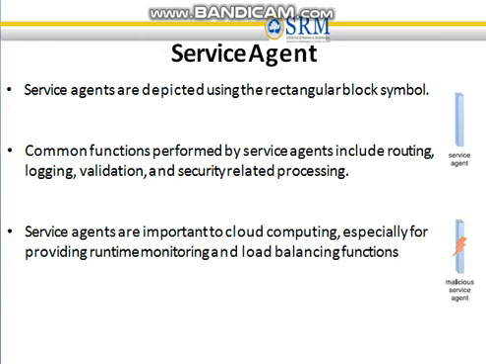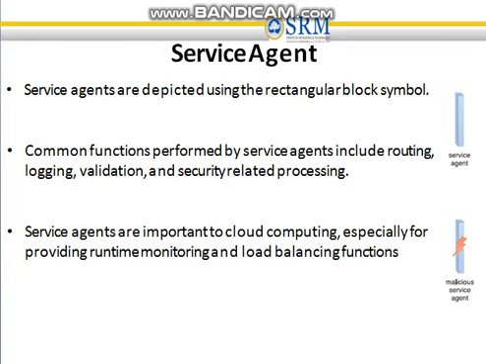Common functions performed by service agents include routing, logging, validations, and security related processing. Service agents do services for the IT resources by processing the messages among them.